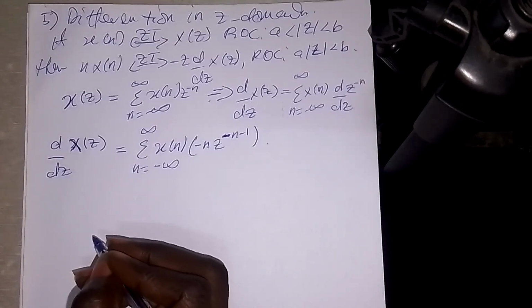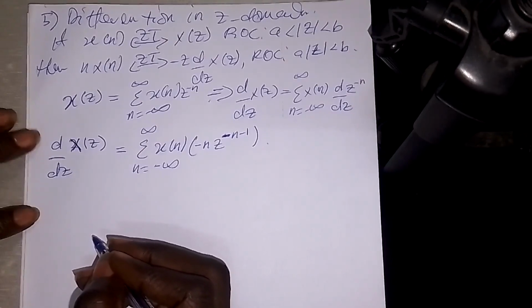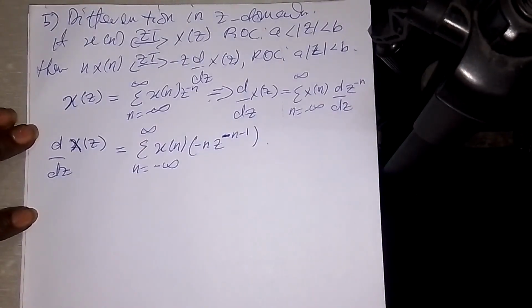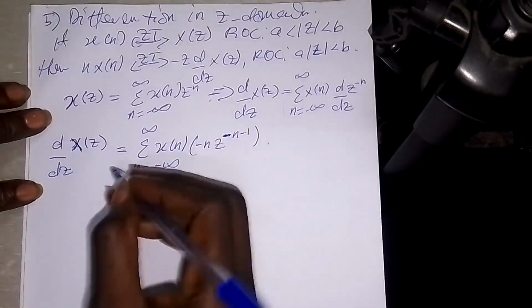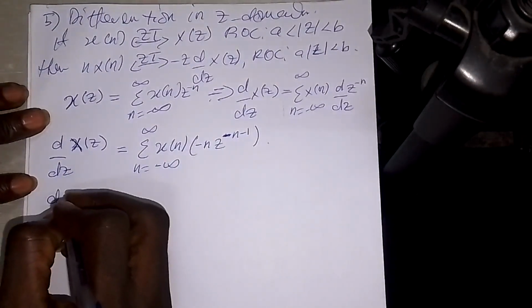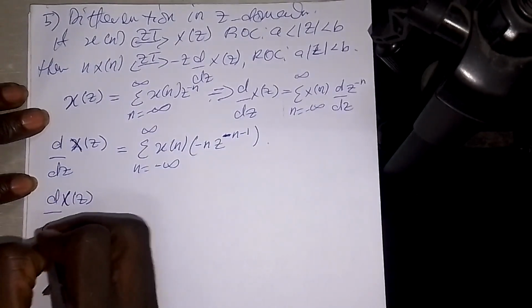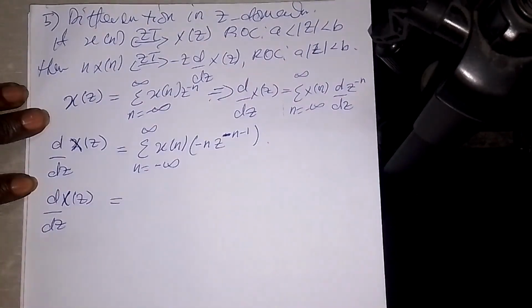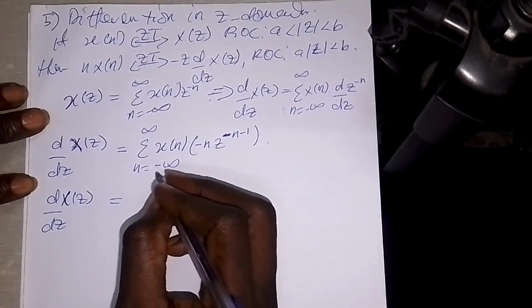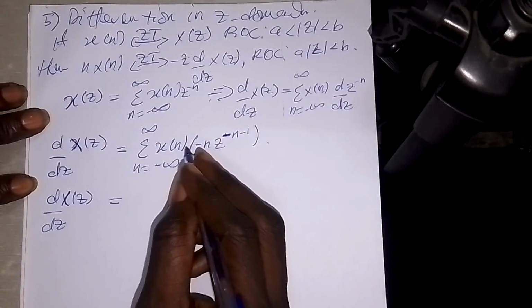Okay, so now when I get this one, what does this mean? d of X of Z over dZ is equal to, here, what am I going to get?